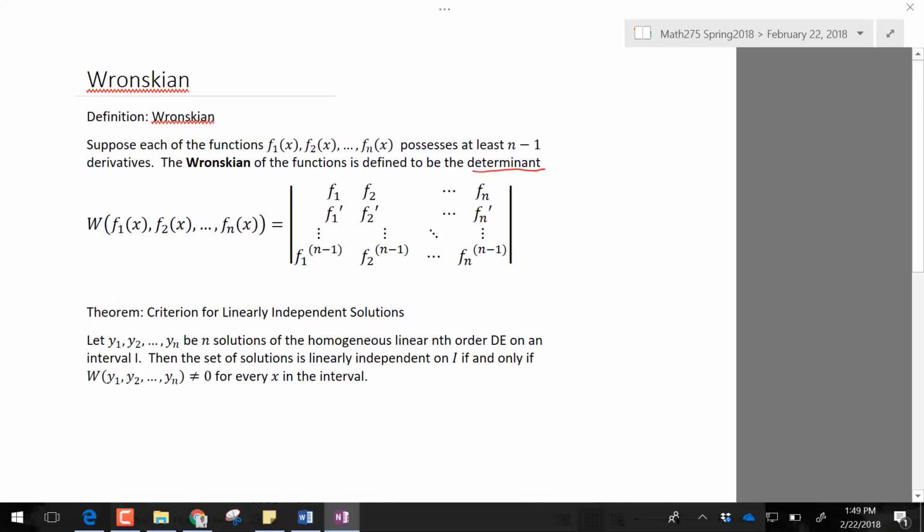A determinant of a matrix is a numerical value that describes a matrix. It's a scalar value. It's a scalar value that's one way to describe a matrix.